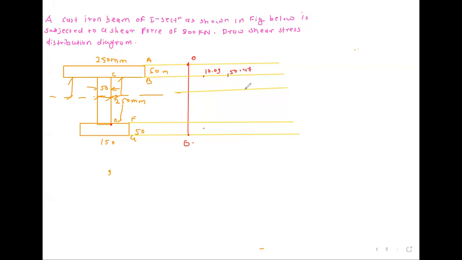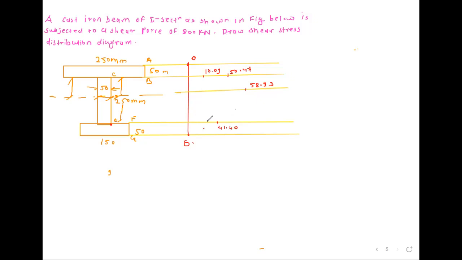Then shear stress at D is 58.93. Shear stress at E first, how much? 41.40. And then shear stress at F, which is equal to 13.